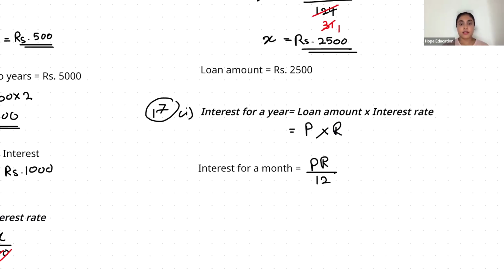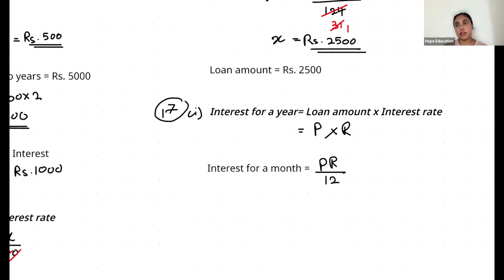Okay. So interest for a month is interest for a year, you divide by 12. Then you get the monthly interest. Right? Okay. Is that clear to all of you, Lamai?